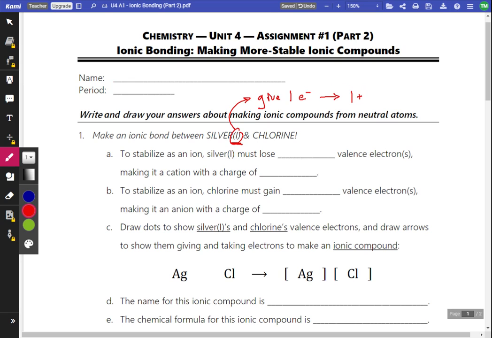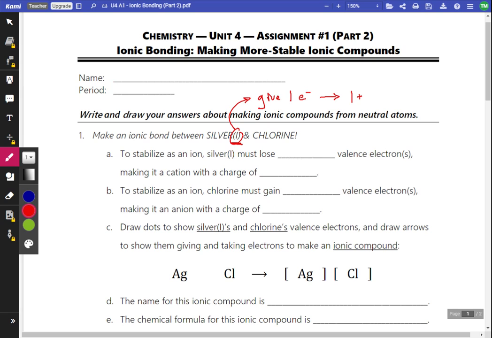Okay, so rather than looking at the periodic table to figure these out, if we've got a transition metal like silver or chromium or ruthenium or vanadium, we're going to look at that Roman numeral. That's going to tell us how many electrons we're giving up, and therefore how charged that ion is going to be. Okay? We're also always going to assume that these transition metals give electrons, not take electrons.